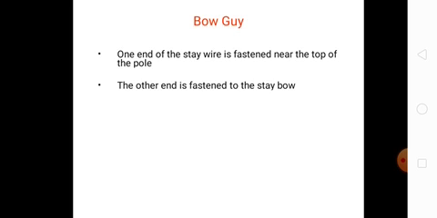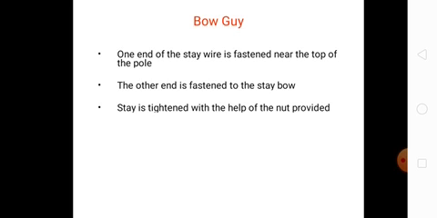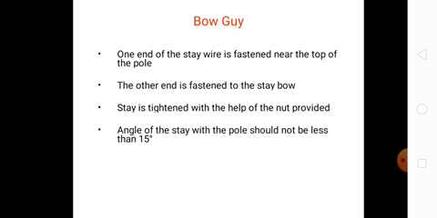One end of the stay wire is fastened near the top of the pole. The other end is fastened to the stay bow. The stay is tightened with the help of the nut provided.